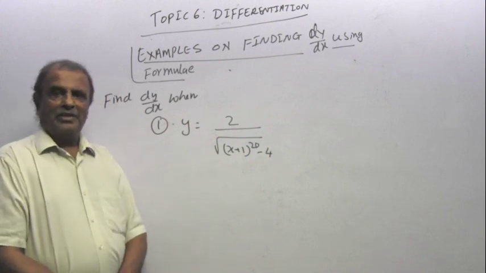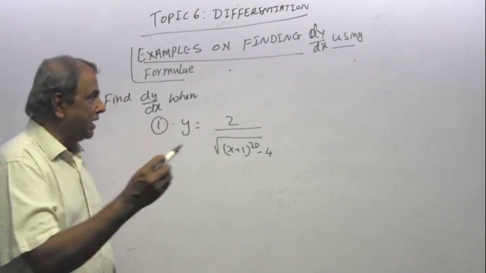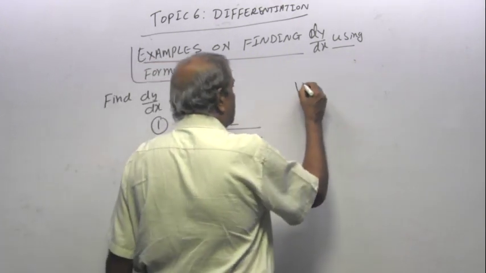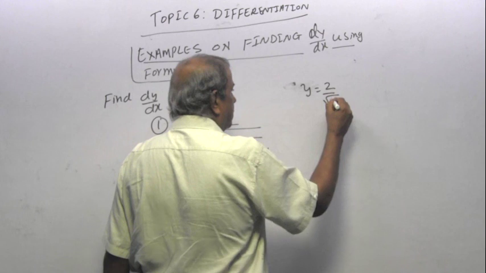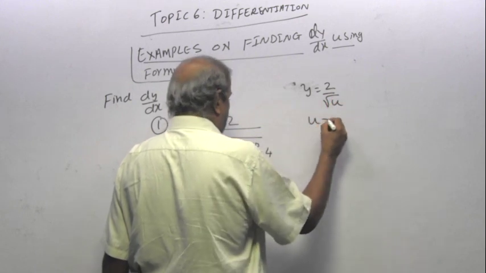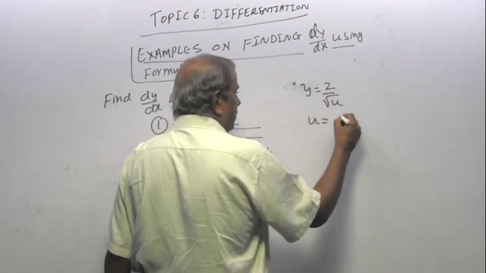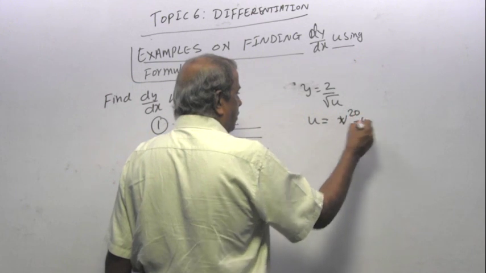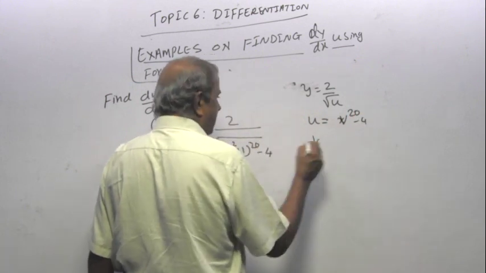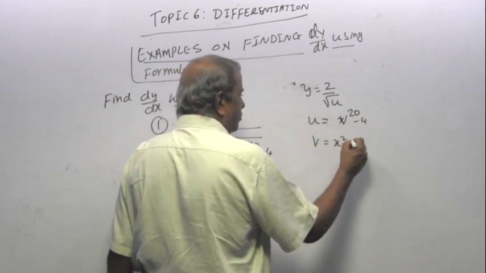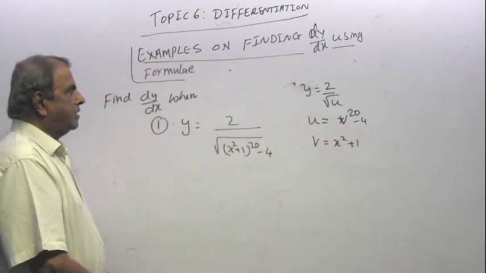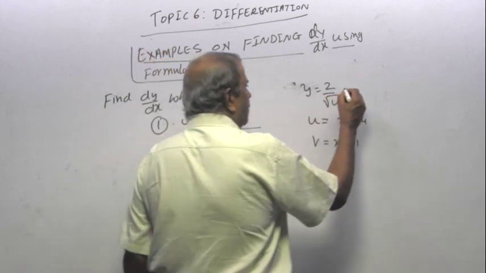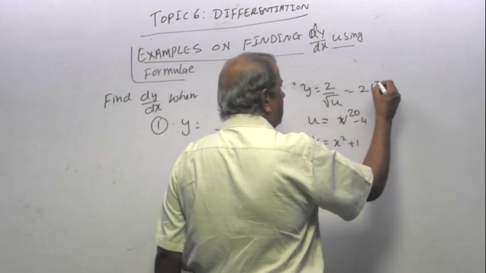So one way of doing it, I will show you: y equals 2 over root u, u equals v to the power 20 minus 4, v equals x squared plus 1. Oh my god. So, can I write y as 2u power minus half?